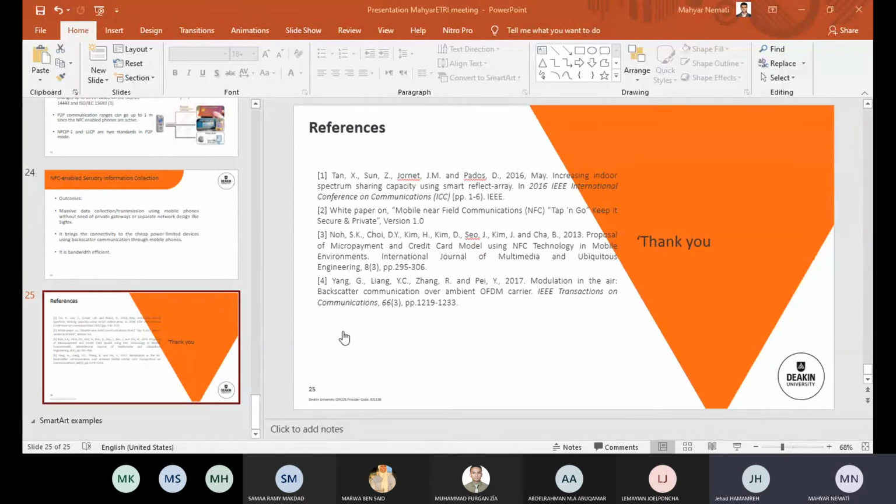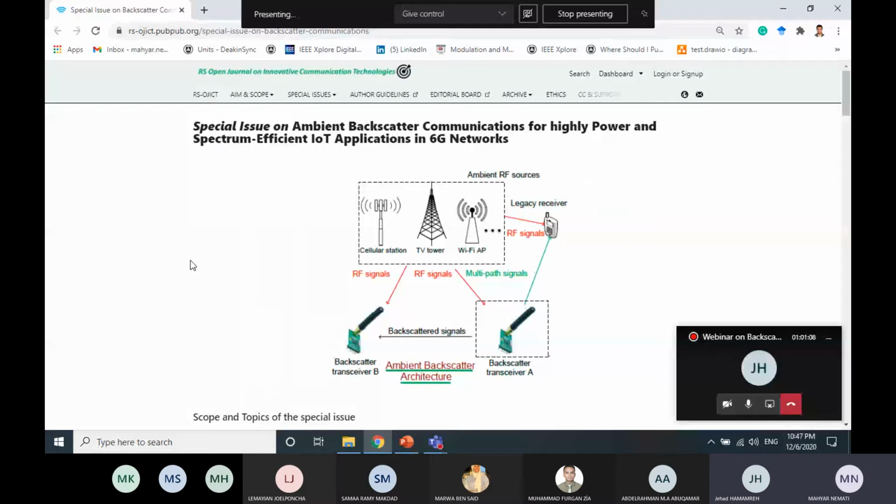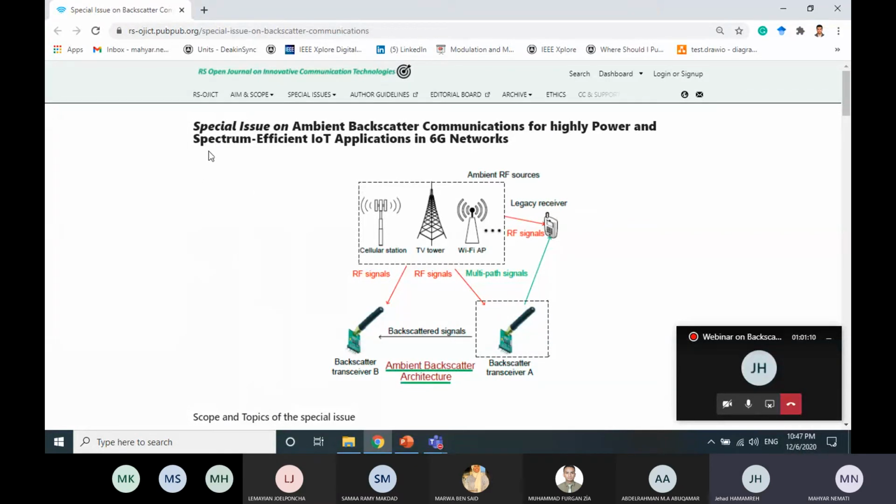Actually, we cannot see it. I think I need to share the Chrome now. Let me share the whole screen. Can you see now? Waiting. So yes, I think we can see now.